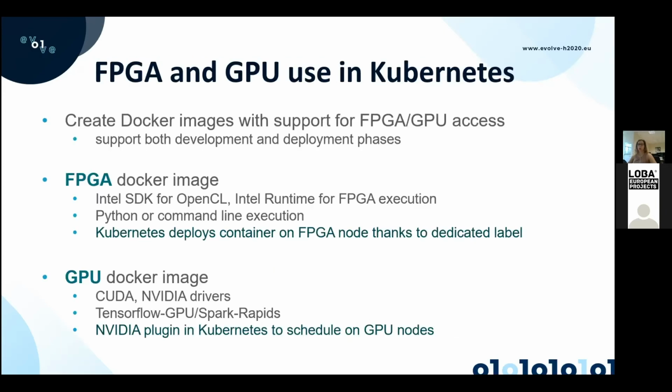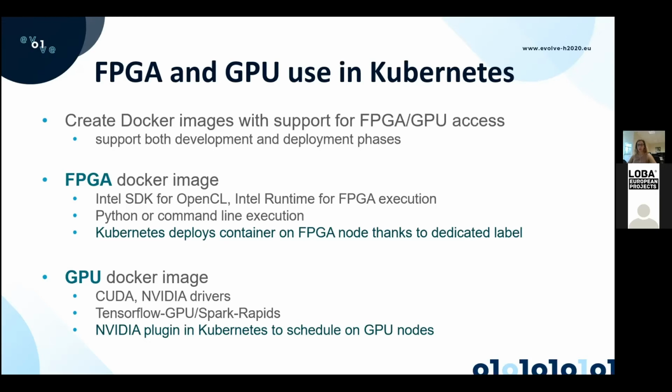In order to expose FPGAs and GPUs to Kubernetes, we first have to build the Docker images with support for FPGA and GPUs. The Docker images we have created support both development and deployment phases so that users can both develop and run applications within these containers.